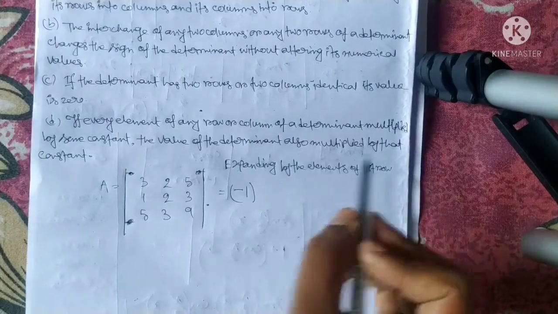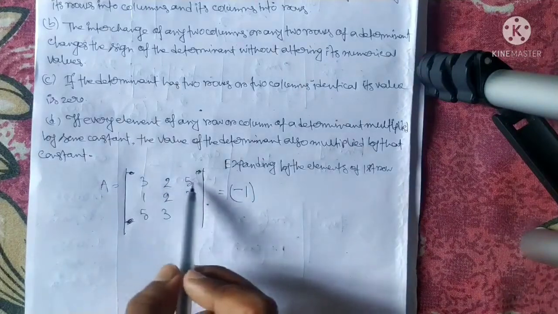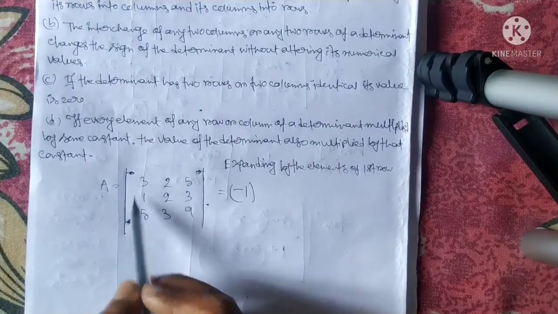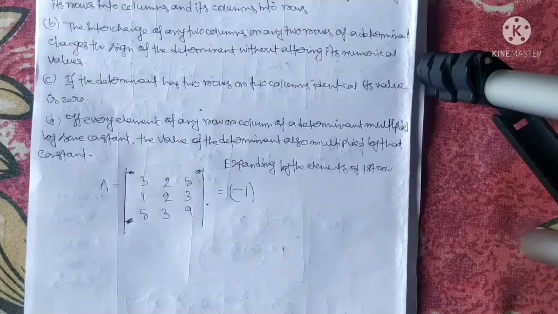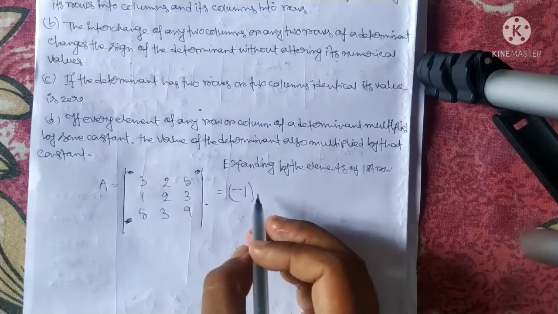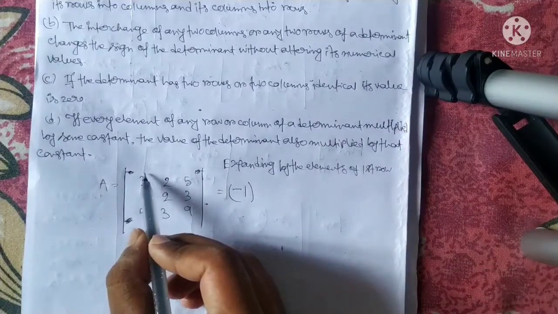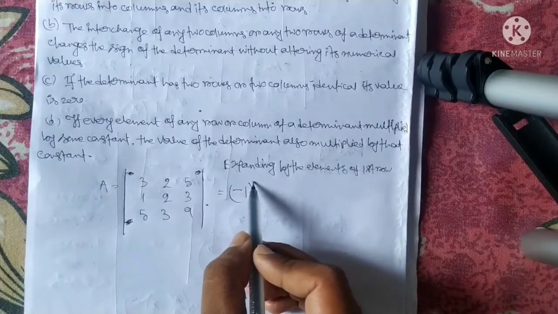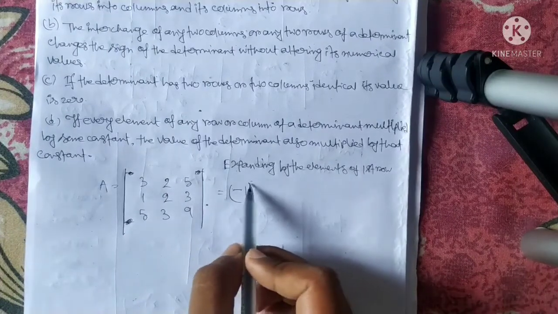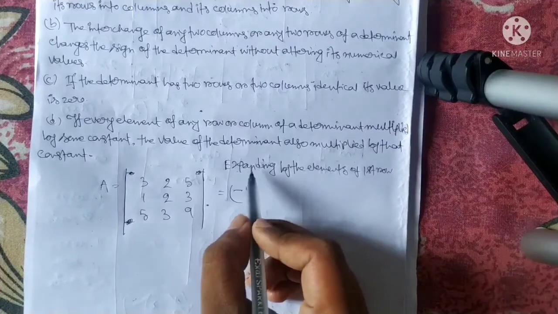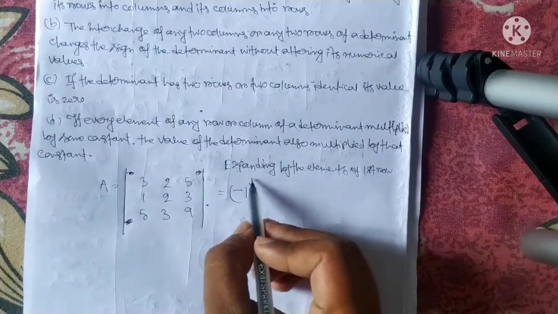It means that we are expanding by this row. We can also expand by column. So we have to write this, and this is the I plus j, to the power I plus j.